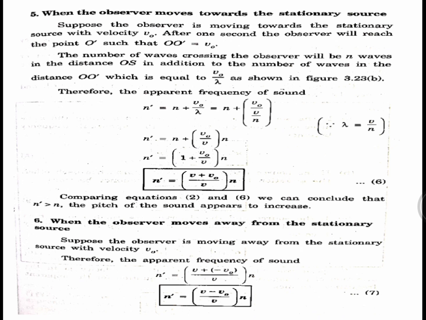Therefore, n dash is equal to (V minus Vo) divided by V into n, equation 7. By comparing equation 2 and 7, we can conclude that n dash is less than n, the pitch of the sound appears to decrease.